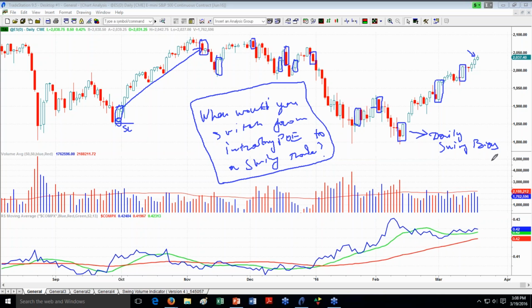How else can we rephrase this, in terms of what we're talking about? What other bias can we develop? Can we develop a structural bias here? So we have a swing bias, daily swing bias. What about a structural bias?